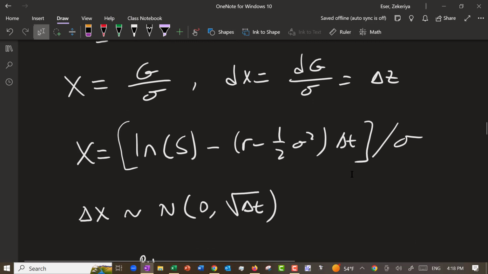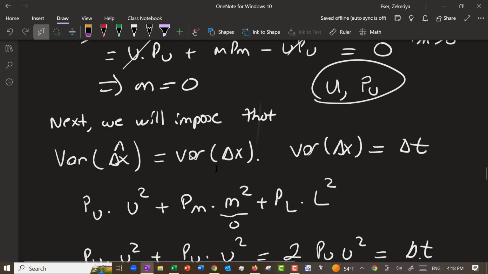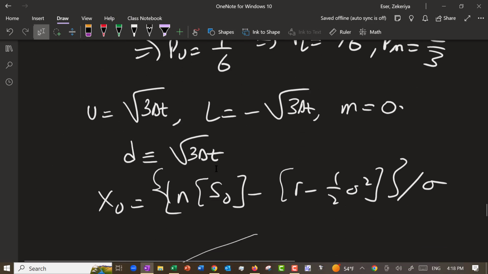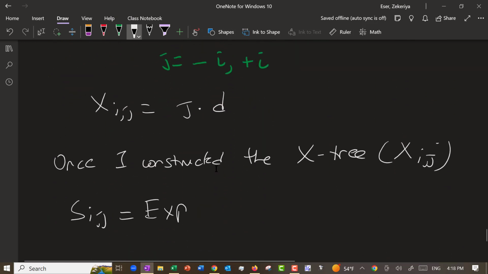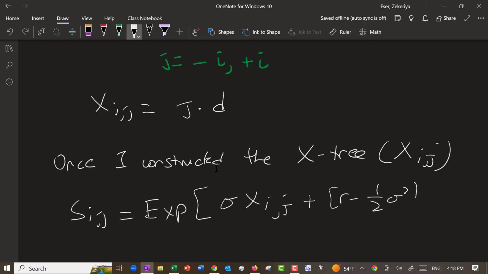Solve that for S, which means e to the power sigma xij plus r minus half sigma squared.